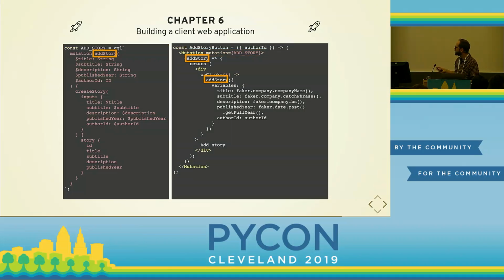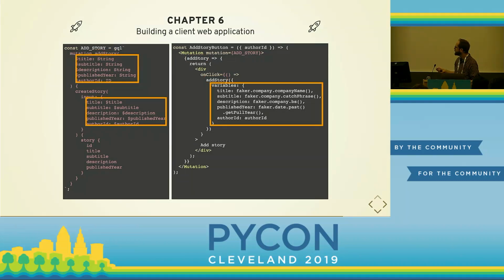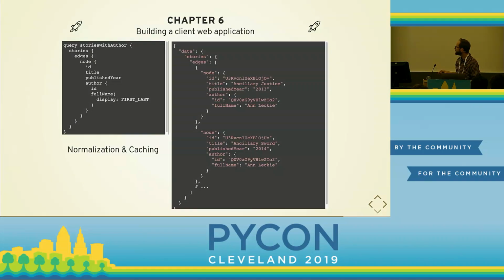This will give us a callback, a function that we can call with all the variables that we need to send. So the title, subtitle, description, published year, and so on and so forth. And Apollo basically just handles the concerns for us.